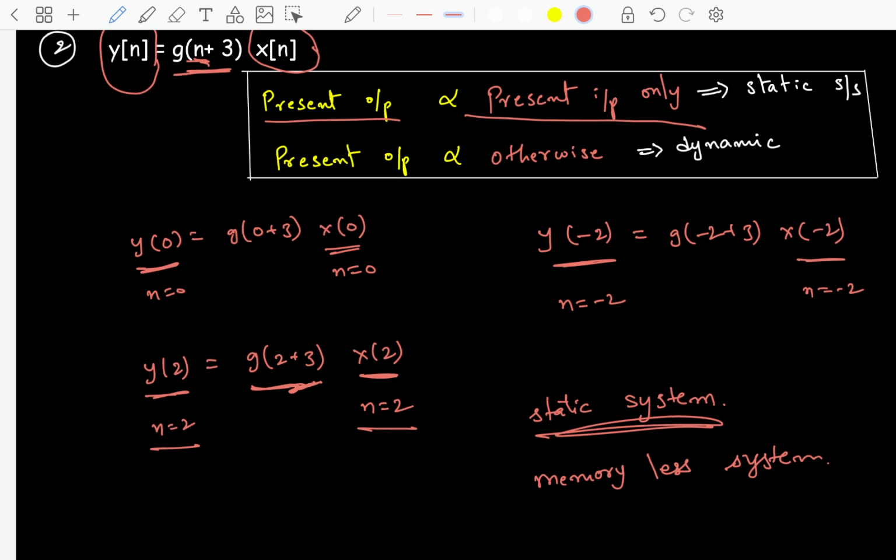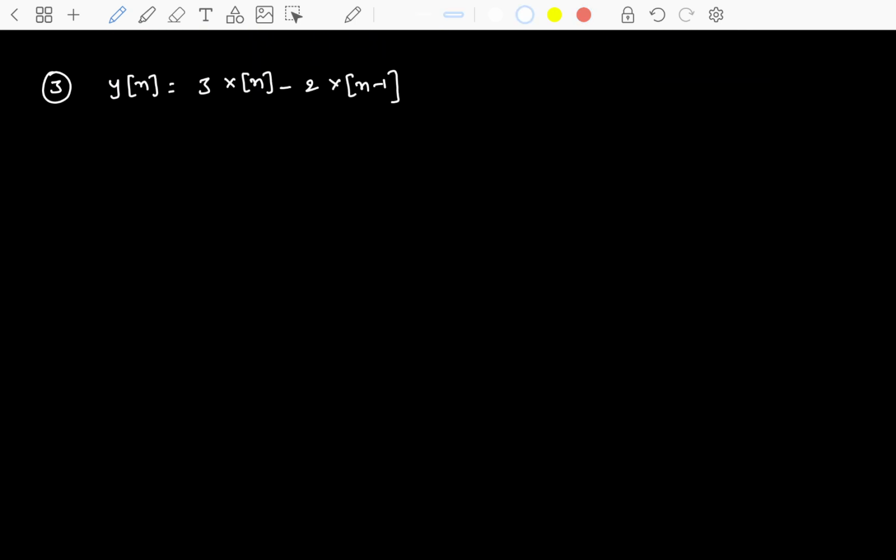Now the third example. y of n is equal to 3 into x of n minus 2 into x of n minus 1. We know the concept.